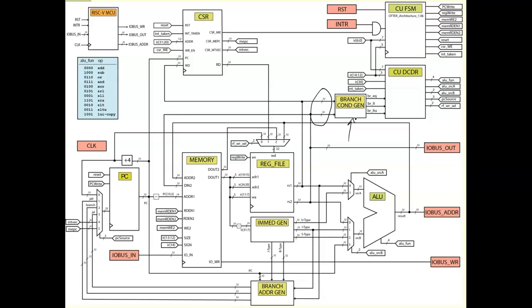The other issue is how I am going to do this, and it's very similar to the other branch instructions. There are 6 branch instructions, and they are based off of these signals right here. These 3 signals cover the 6 branch instructions.